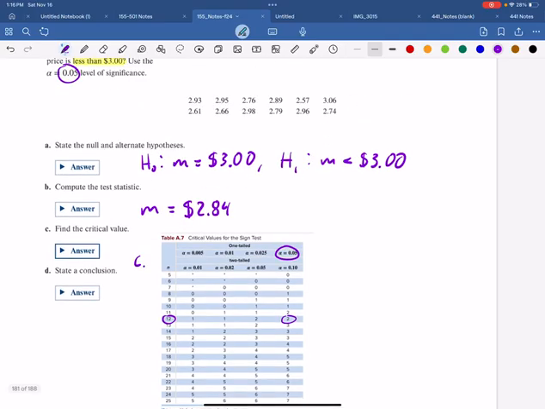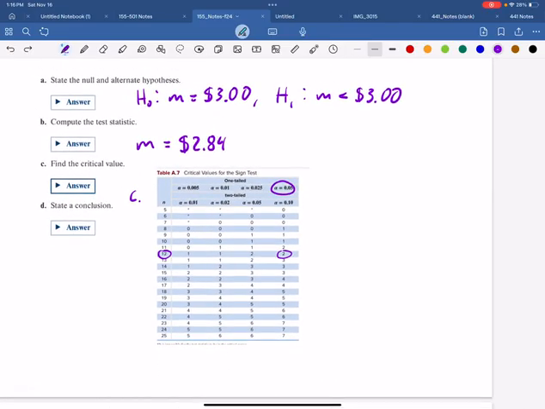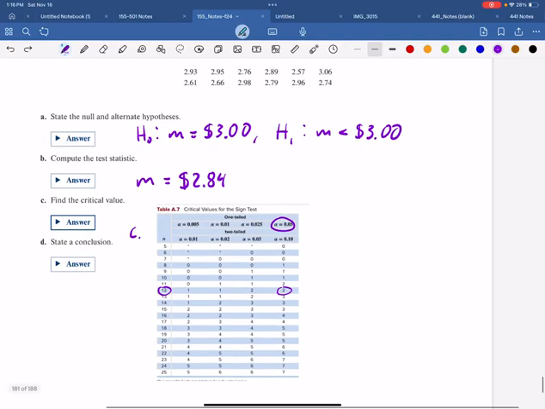Well, what we're really doing here is comparing these individual values to our hypothesized median, and we're just seeing, are they less than $3 or are they more than $3? So let's say if they're less than $3, we use a minus sign. If they're more, then we use a positive sign.